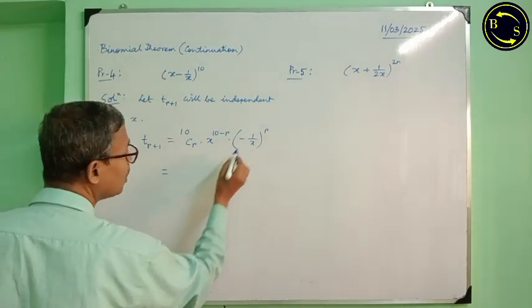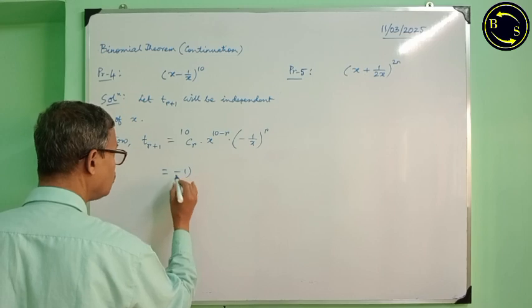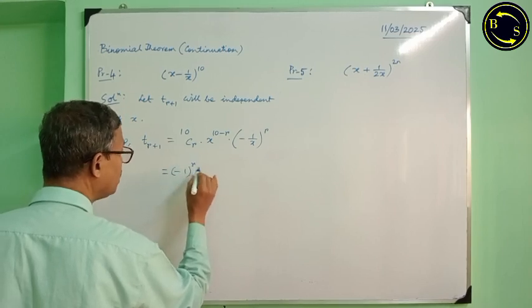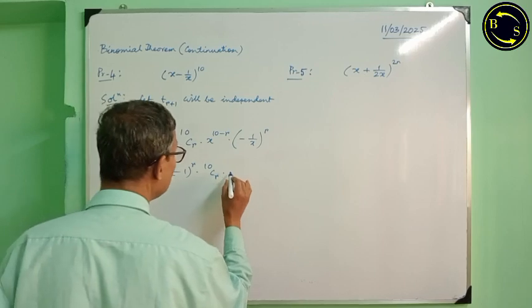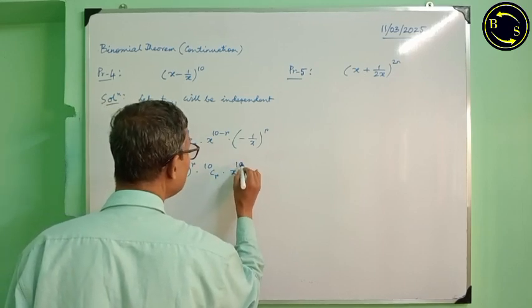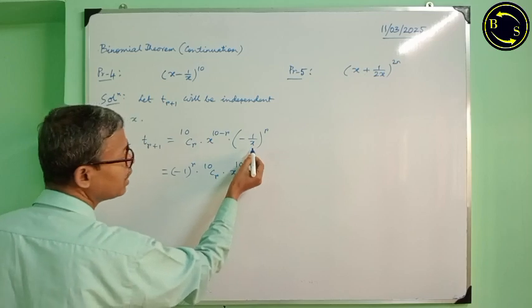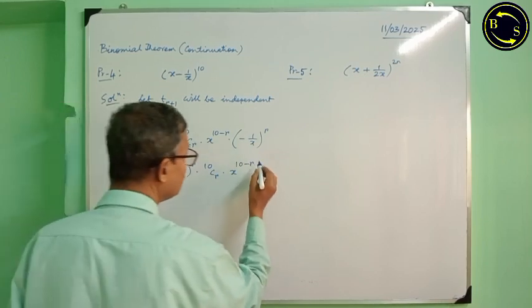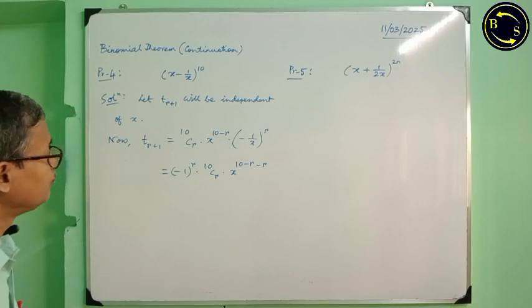That is equal to, I take minus 1 outside, minus 1 whole to the power r into 10 C r into x to the power 10 minus r, and here x is at the denominator, therefore it will be minus r.